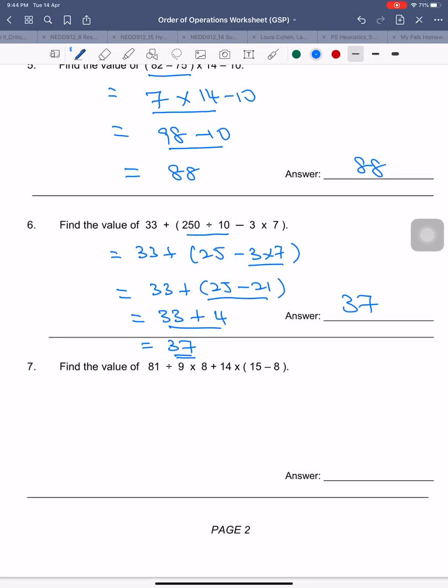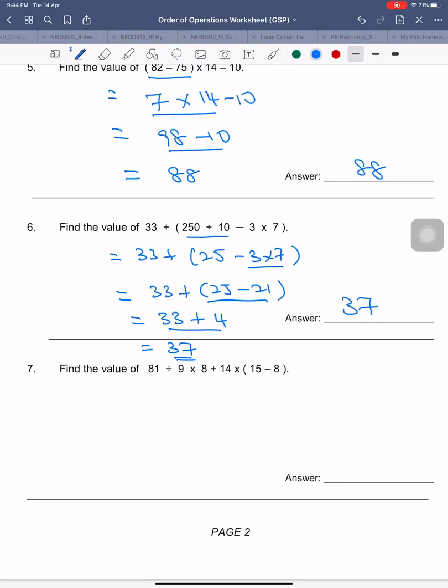Question 7, there's a bracket there, so do what is in the bracket first. Write down the rest. So 15 minus 8, 7. Now you have division, multiplication, subtraction, addition and multiplication, so do left to right. 81 divided by 9, 9.